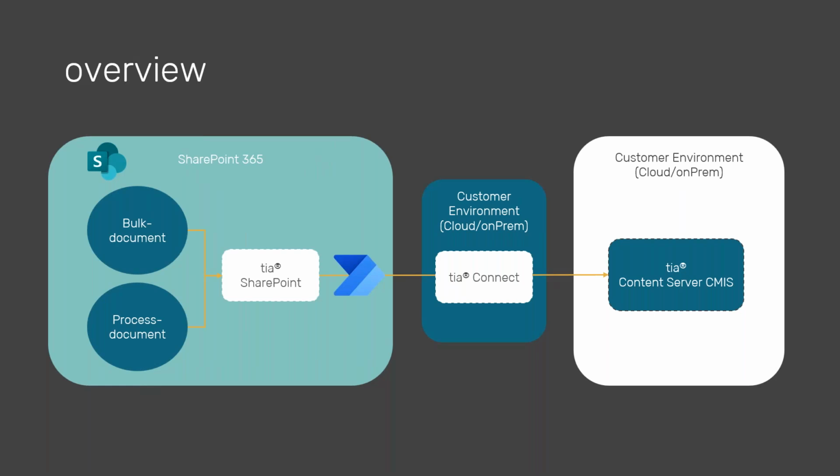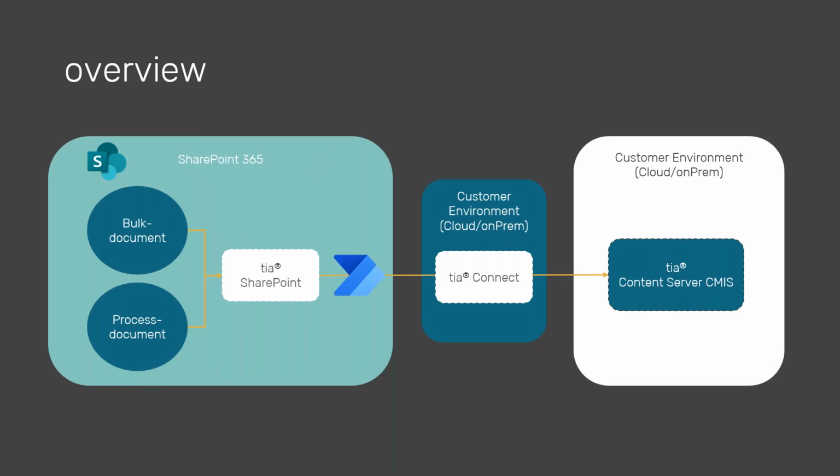From there, we are triggering the Power Automate flows, which address a web component called Tier Connect. And this Tier Connect is like a security gateway to the archive from the SharePoint to Tier Content Server CMIS.